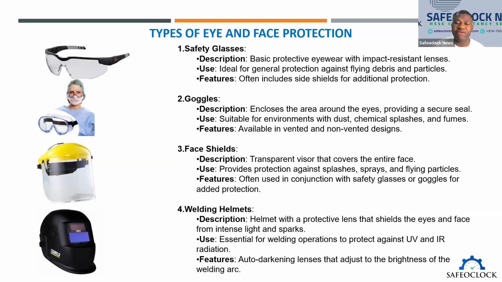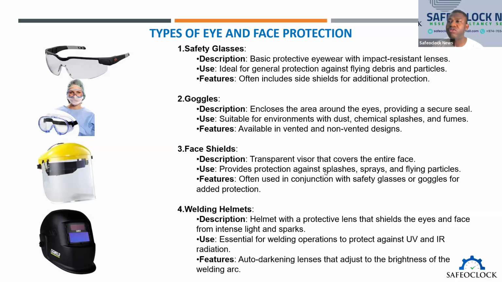The other type of face protection is known as the welding helmet. So the welding helmet is a type of face protection that has a helmet added to the face protection itself. It has a protective lens that shields the eyes and the face from intense heat and sparks.